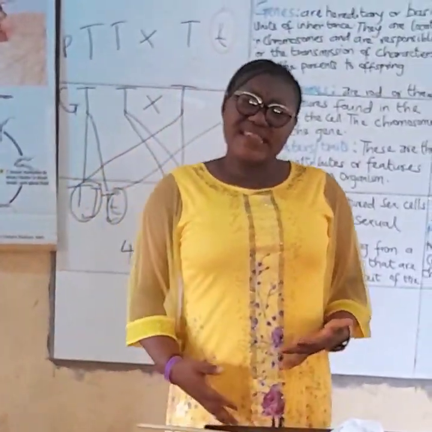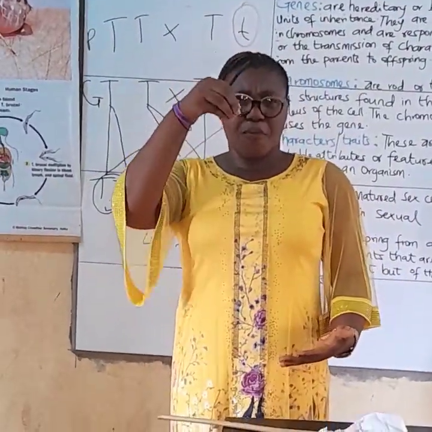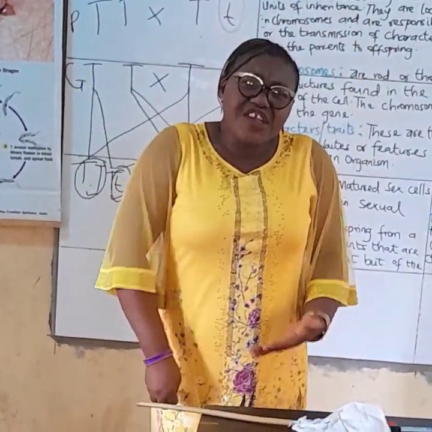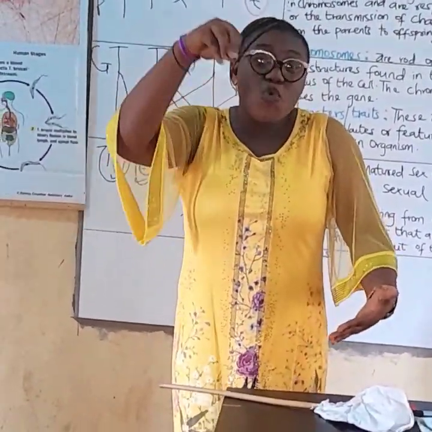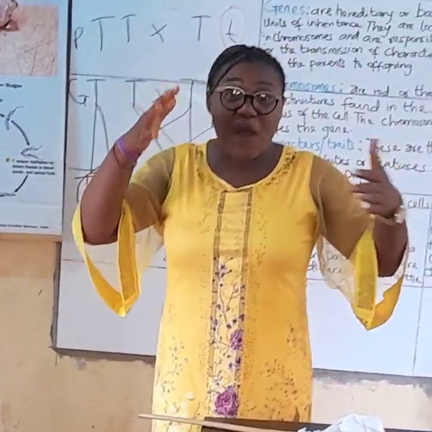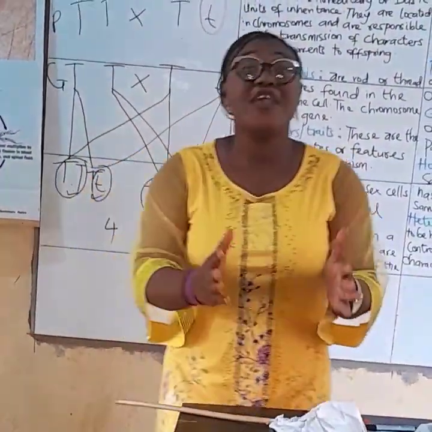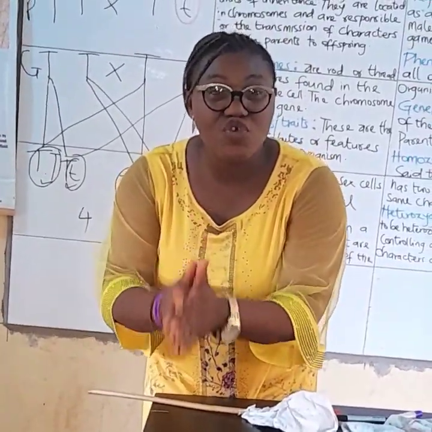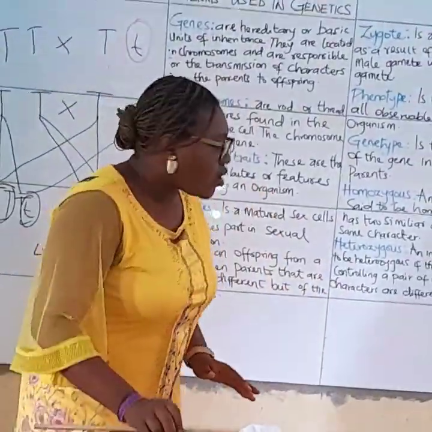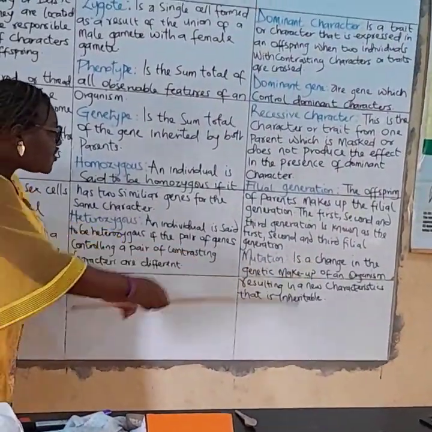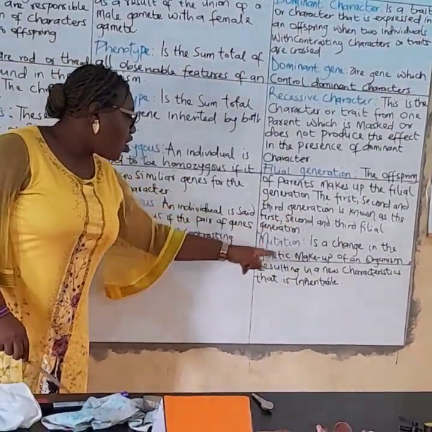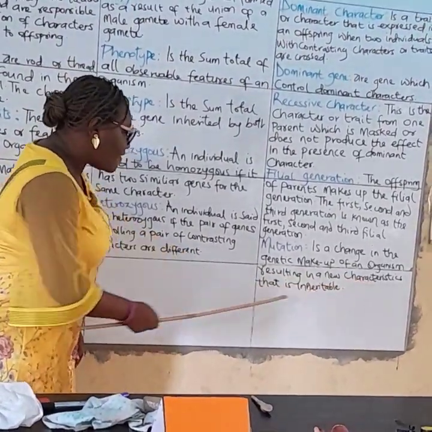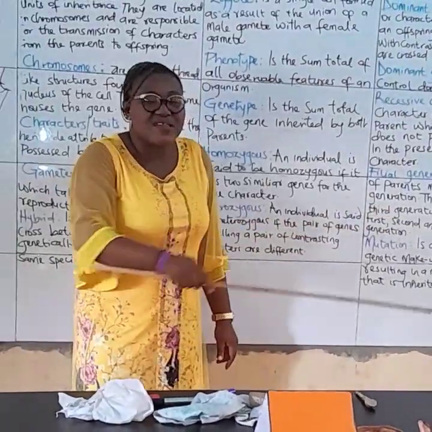But when you change the genetic makeup, let me take for example that you are short, and you change the genetic makeup so that you will be tall. Once you have changed it, you have changed everything about you. If you give birth, your offspring will now have the new genetic makeup. And that is what we call mutation. It's a change in the genetic makeup of an organism resulting in a new characteristic that is inheritable.